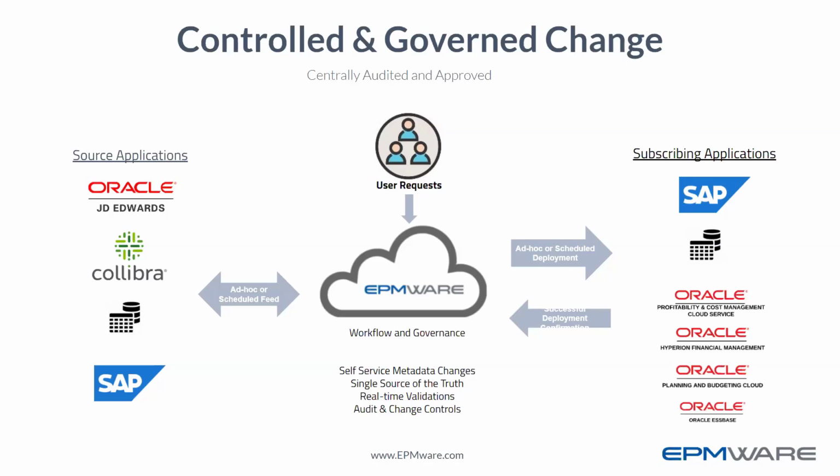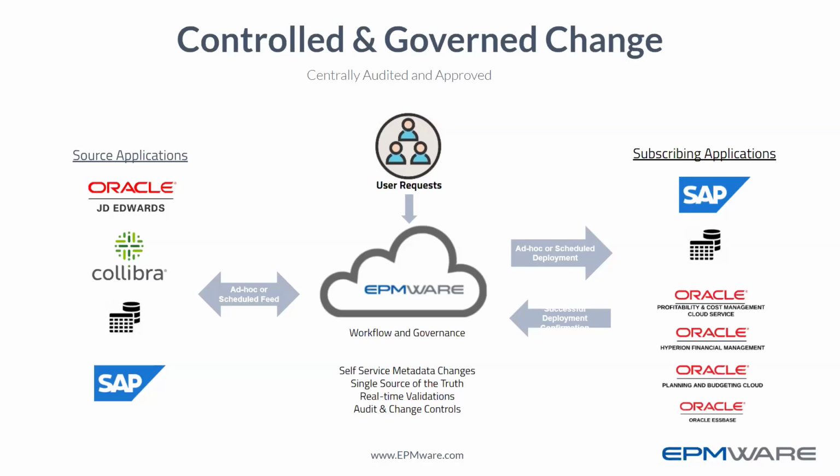Both of those changes have the ability to go through an extensive workflow and governance process, or even a lights-out workflow and governance process. Real-time validations and audit change logs are the foundation, the backbone of this process. And finally, the metadata is ready for deployment to any target application.